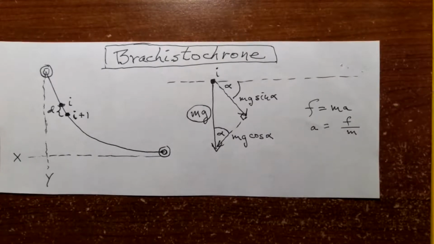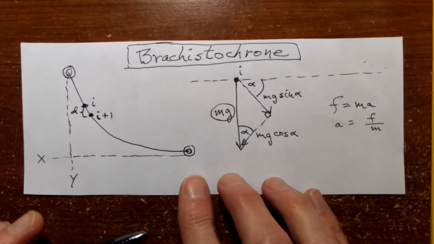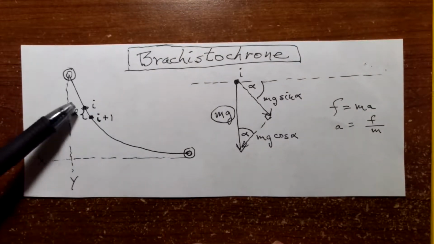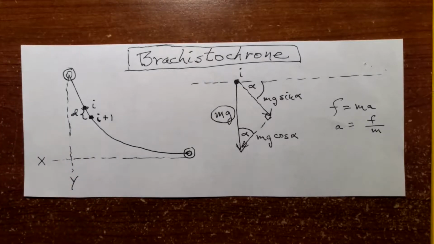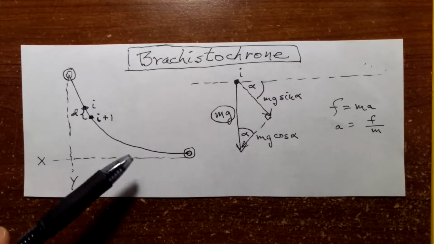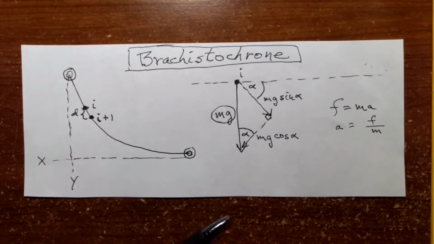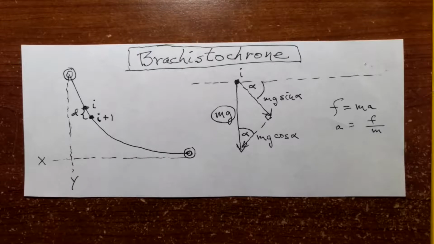So what I've done is written a program in Power Basic, and I've broken up a curved path, as you've seen drawn here, into many small points, I plus 1 with a distance d between them. An object on this path here, say I here, is undergoing a gravitational force directly downward, mg, which can be broken up into two components.